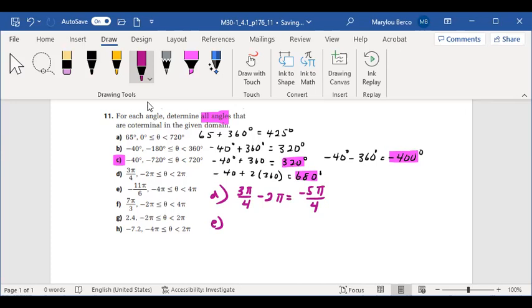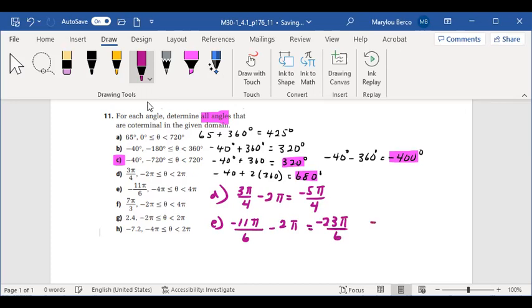E. Negative 11 pi over 6, where theta is between negative 4 pi and positive 4 pi. Well, we have negative 11 pi over 6 minus 2 pi is equal to negative 23 pi over 6.